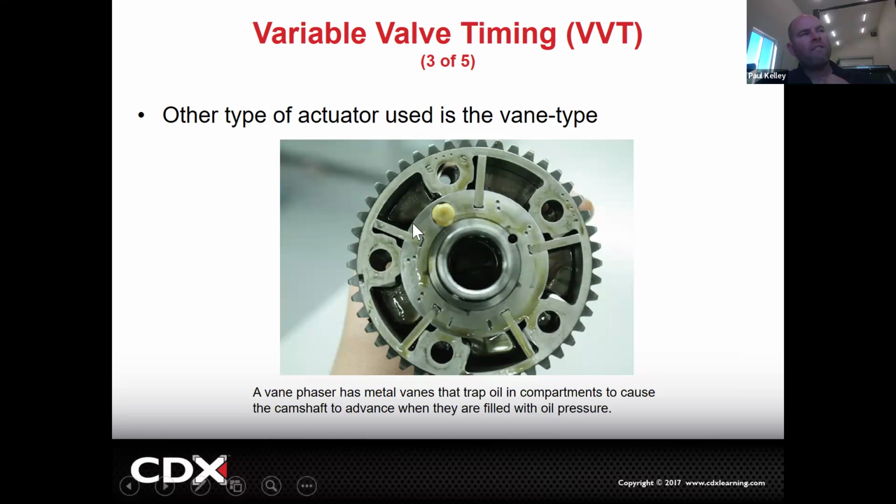That is all very dependent on the amount of oil, the viscosity of the oil, the condition of the oil. So I've seen a number of cars over the years that have come in with a check engine light, and the codes are variable valve timing or over advanced or something like that.